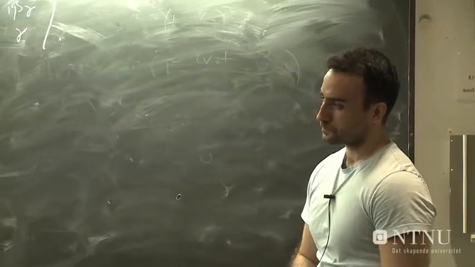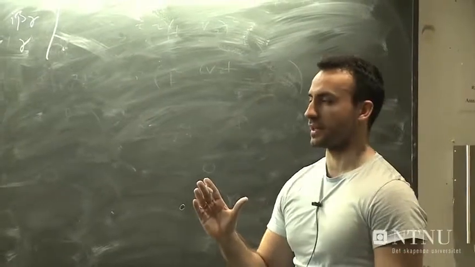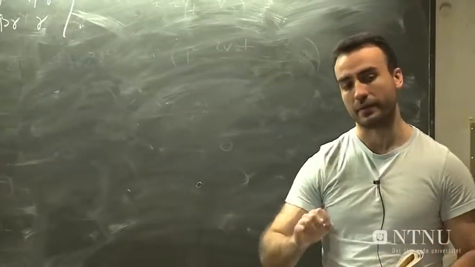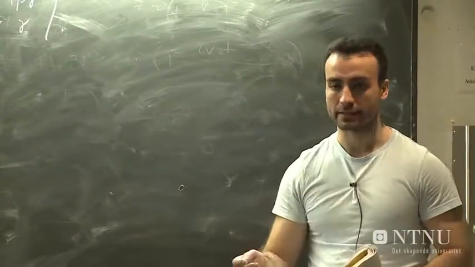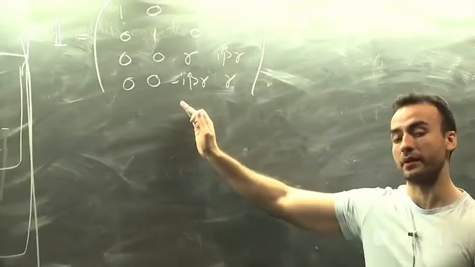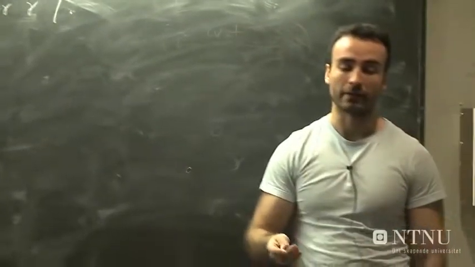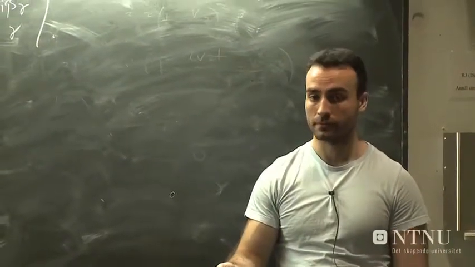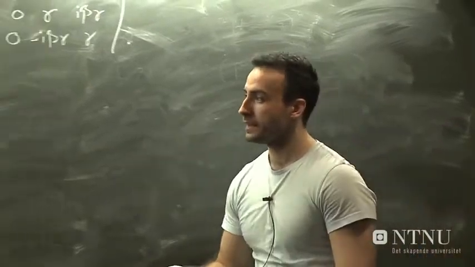So it might be a useful exercise, also to distinguish between these Greek and Roman indices, the 3 and the 4 vectors, to consider what this transformation matrix looks like in the case of arbitrary relative motion.